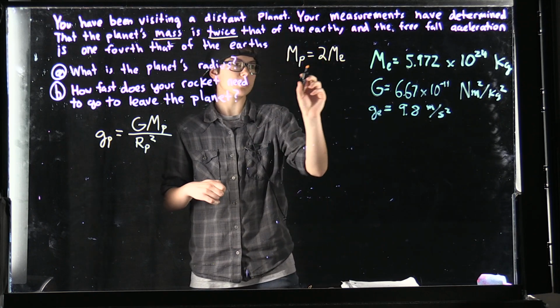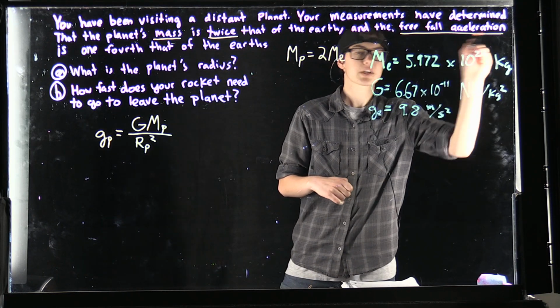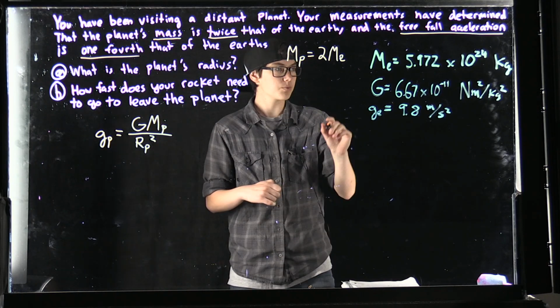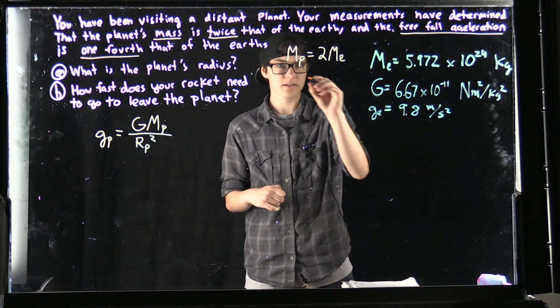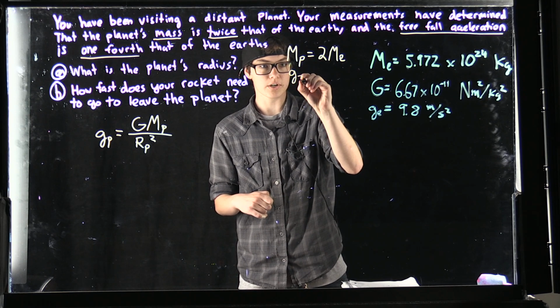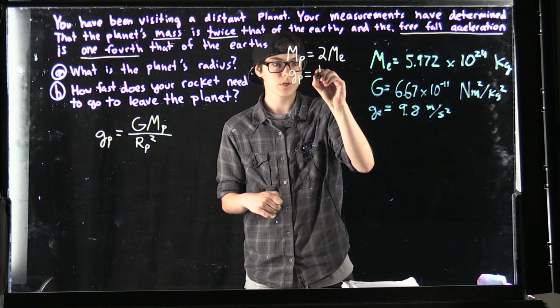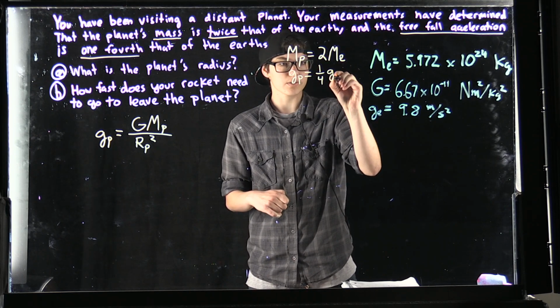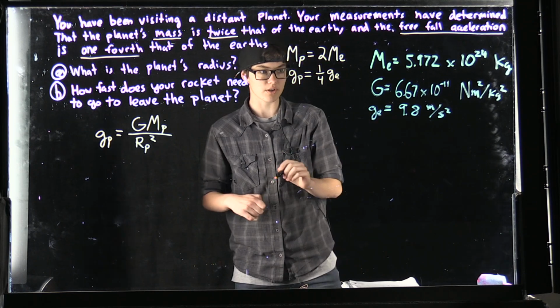And since our free fall acceleration is 1/4 that of the Earth's, the free fall acceleration of our planet is equal to 1/4 the gravitational acceleration of the Earth.